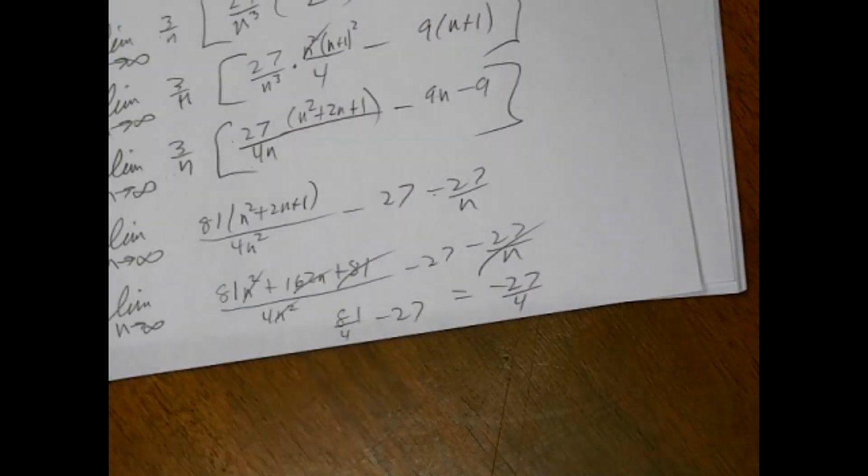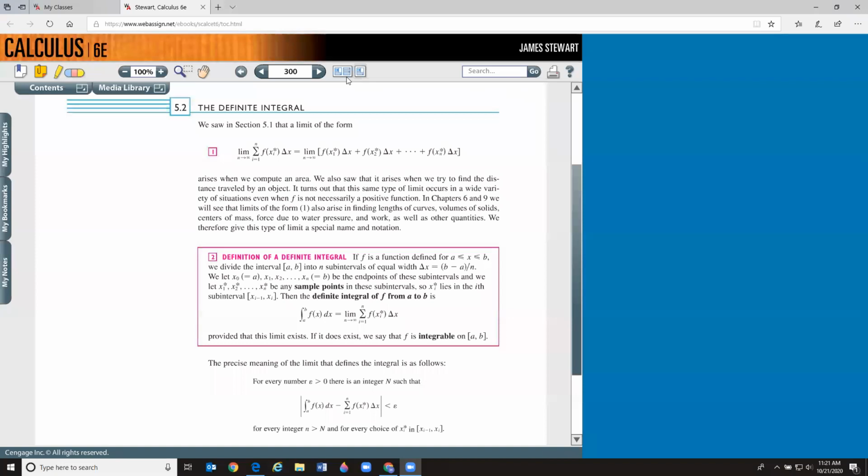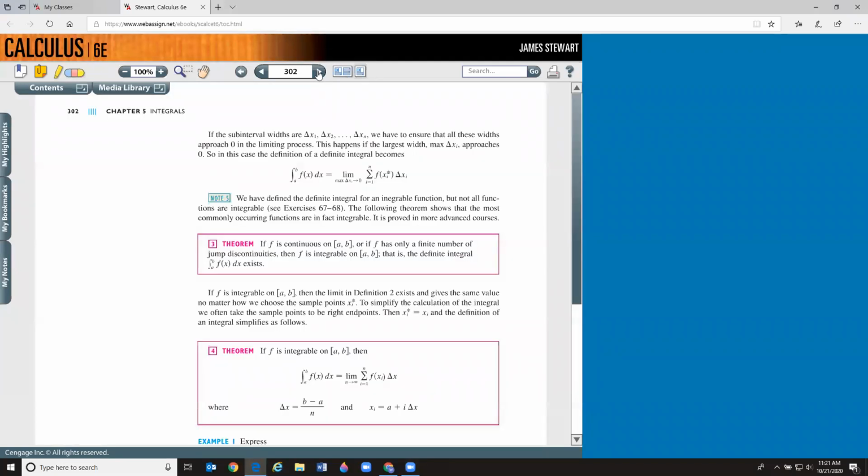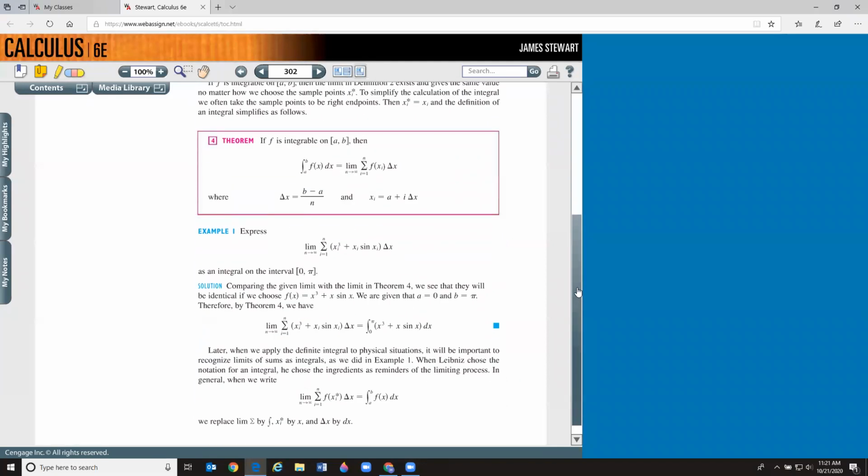All right. So what you're going to find in the text, if you go back to the book, you will discover the definition that I've mentioned here already is present for you.